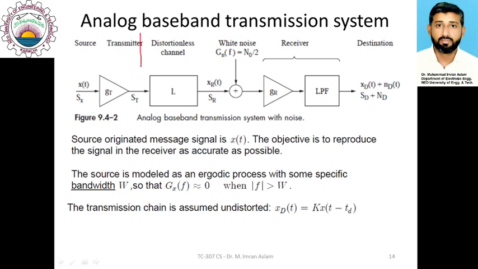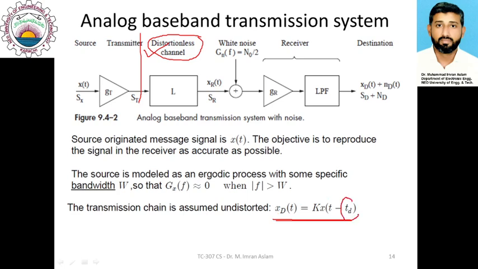So this is the transmitter side. The transmitted signal passes through a channel. We are assuming a distortionless channel. So basically this channel does not cause any distortion. Mathematically, being a distortionless channel is represented by this condition, because when a signal passes through any channel, it can have some propagation delay, because it takes a finite amount of time for the signal to reach the receiver side.